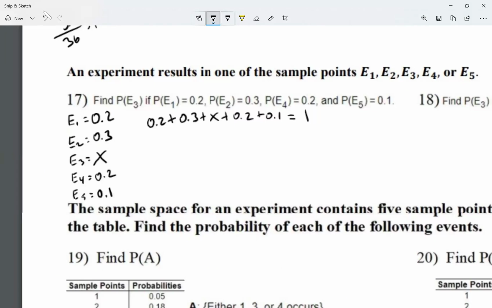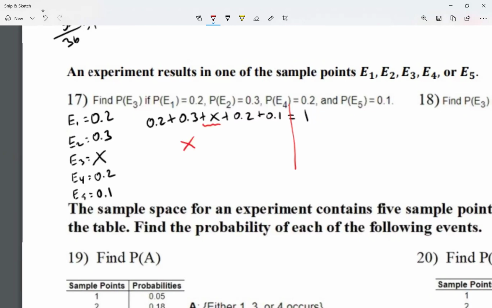The rest looks just like a simple algebra question. Let me separate them through the equal sign. When it comes to variables, I just have 1x. When it comes to decimals, 0.2 plus 0.3 plus 0.2 plus 0.1, add them all up, and that gives you 0.8. And all of this is equal to 1.